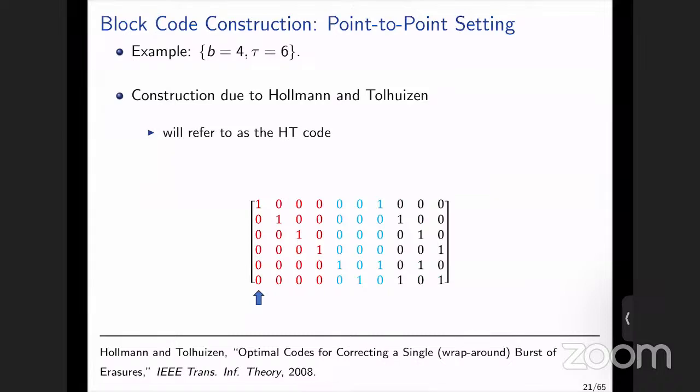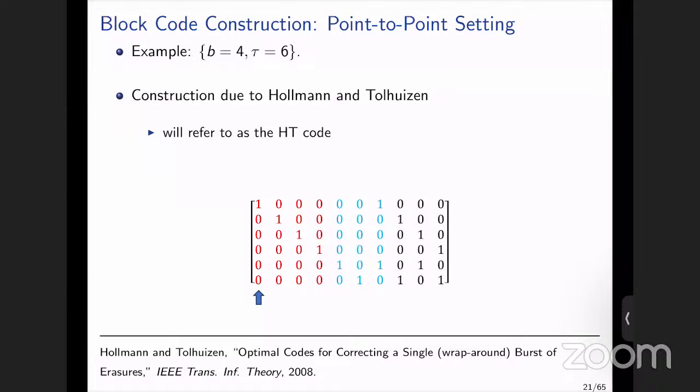So this is the generator matrix which we have just come up with, due to Hollmann and Tolhuizen, the HT code. Here I am talking about a burst erasure of size b equal to 4, which is wiping out the first 4 coordinates. And I'm talking about recovering the 0th code symbol.